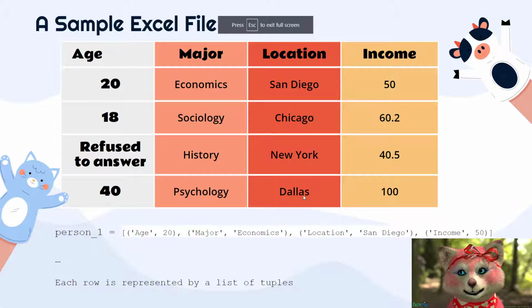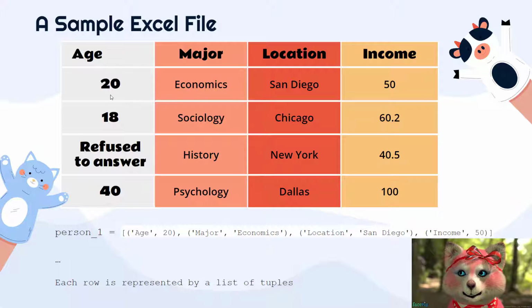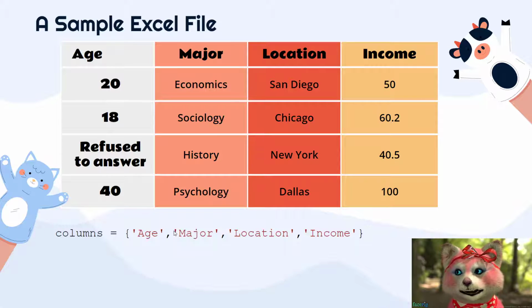We also can represent the same Excel file. Like just now we talked about, we can use a list of tuples to represent each row. So in other words, we're using a list of tuples to represent each person's information. So given a list of tuples, if we look inside, this is a tuple here.